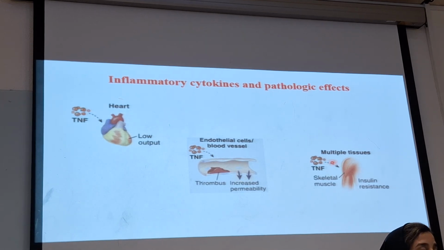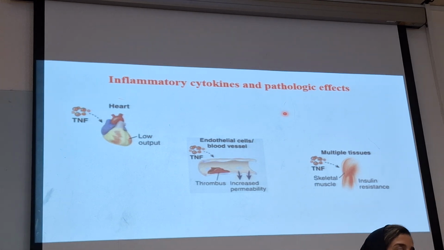It also affects skeletal muscle cells and leads to insulin resistance, abnormality in metabolism of these cells, and weak contraction of muscles. So when these inflammatory cytokines like TNF are produced in a huge amount, they lead to shock in our body. Okay, so I explained two different mechanisms to you.